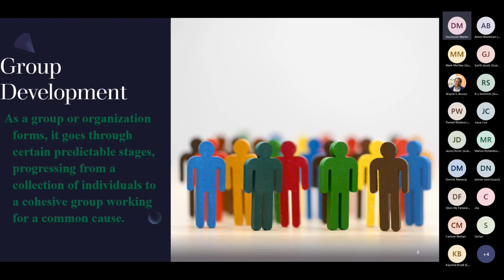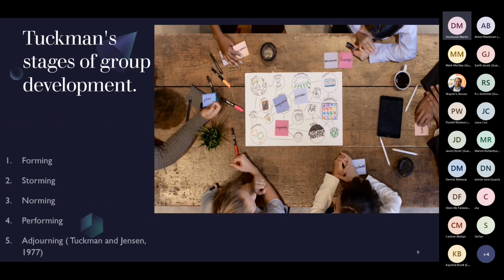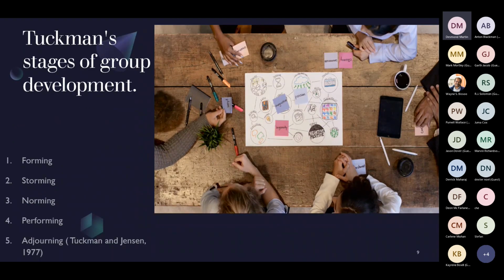As a group or organization forms, it goes through certain predictable stages, progressing from a collection of individuals to a cohesive group working for a common cause. Tuckman's stages of group development.